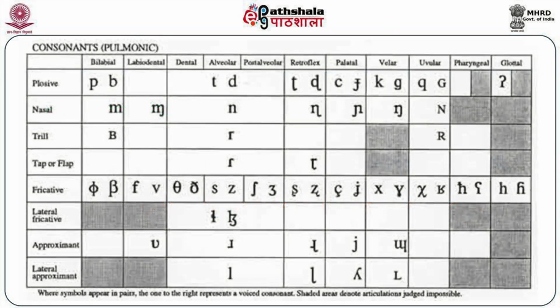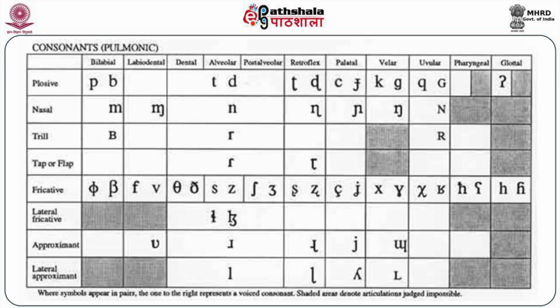Let's take a look at the consonant chart of the IPA alphabet as we've seen before. You will notice here that there are 12 places of articulation here. The fricatives seem to be illustrating almost all those places of articulation. But most other manners of articulation have speech sounds produced only at some of the places.